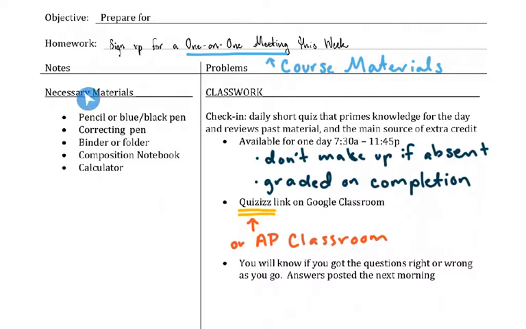Now, when you're working on materials for this class, these are all the things you should have with you at home, and then whatever method you're using to take notes. So for Intro to Algebra, you're going to have a guided notes packet. If you don't have one, you'll have told me that in this first day's check-in, so I'll know that. I'll make sure you get one. For everyone else, you either have access to notes on Google Classroom or you'll be taking your own notes from video, depending on the class.